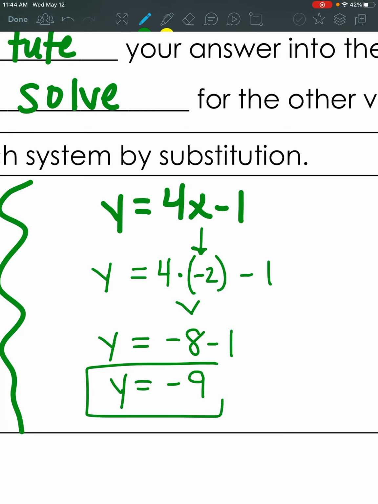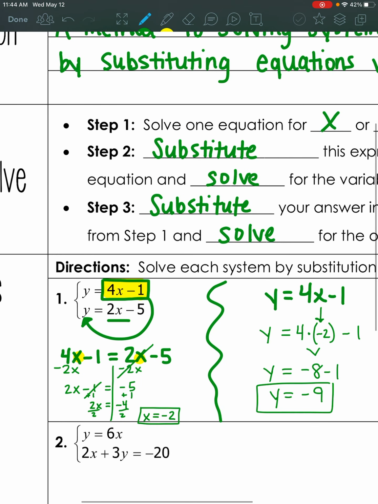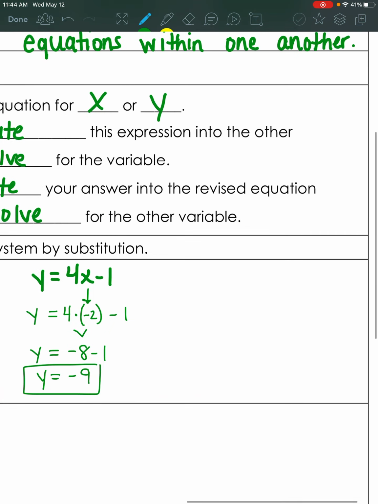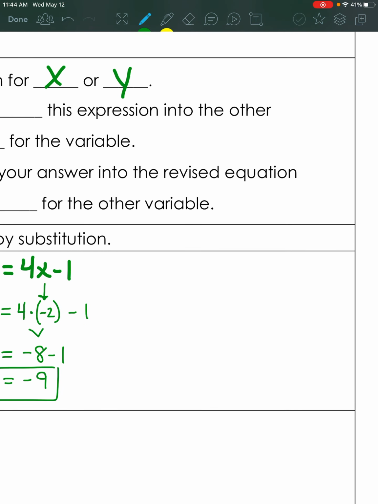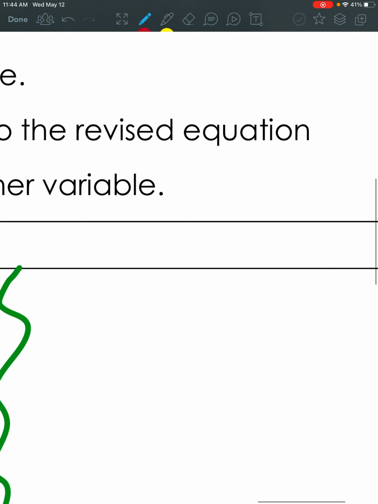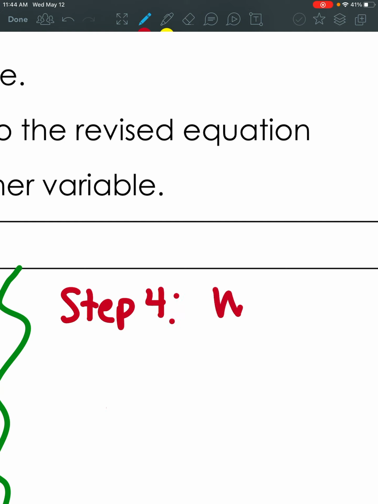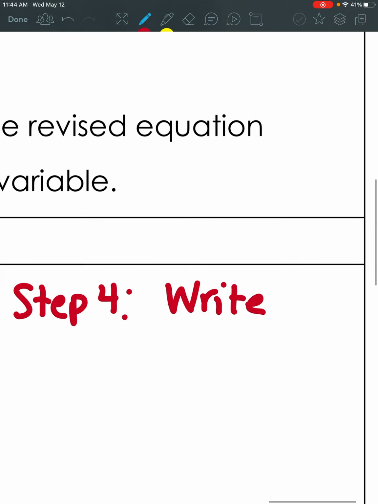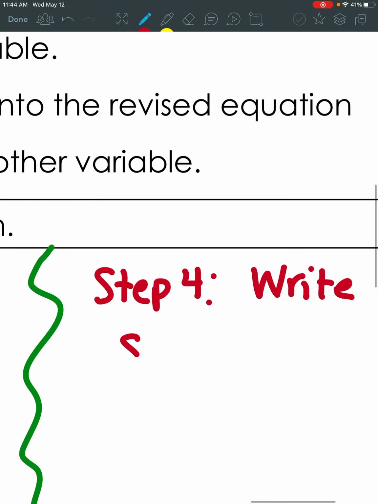Now, there is one extra step that actually isn't listed here, and we should include, and I'm going to put it over here at the very end, and I'm going to say step 4, write solution as an ordered pair.